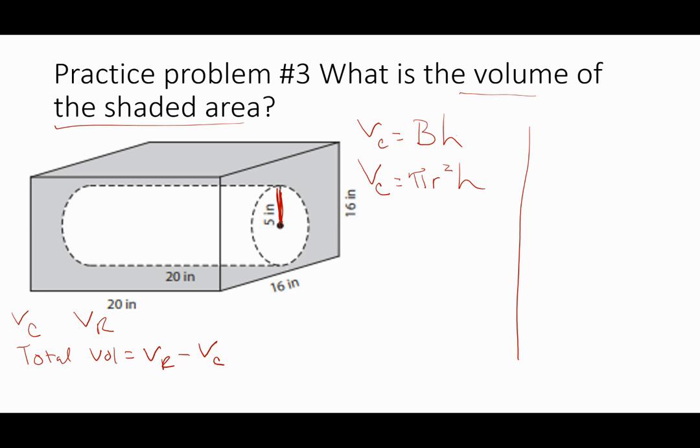So looking at this in here, we can see that we're going to do pi times 5 squared times the height. So 5 squared, 25, times pi gives us 78.54 times the height.